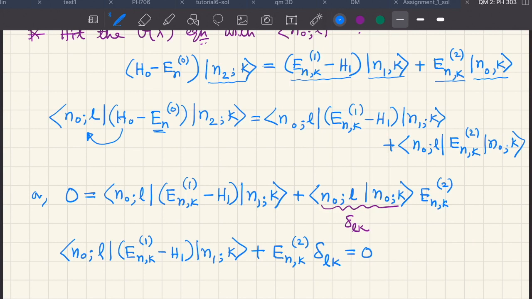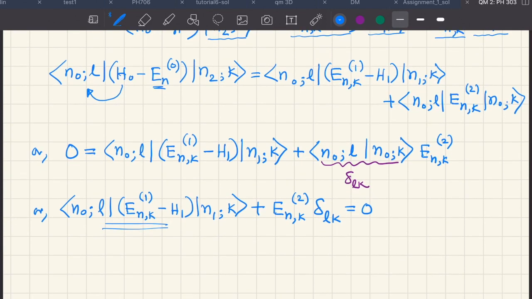Now comes the problem. The first term here in the left hand side of this equation has n1k, which has parts in the degenerate subspace Vn as well as in V tilde. So we have to write this by breaking this object into two different parts, two different components.